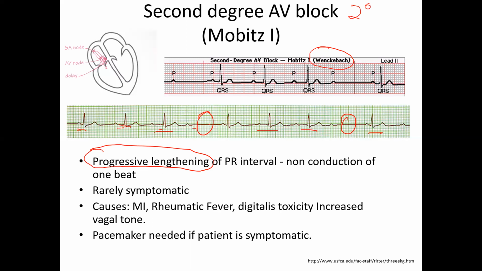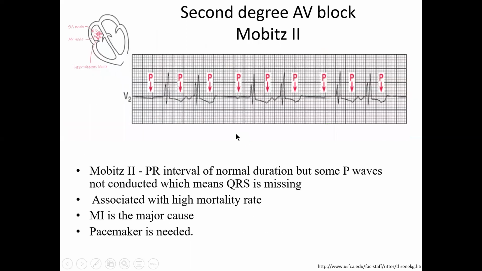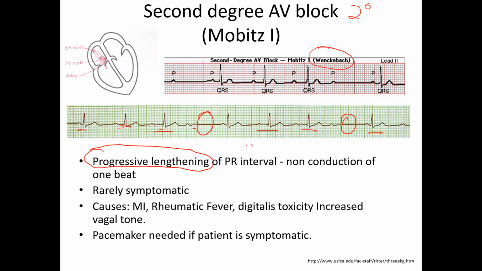So there is a lost QRS in this. I would say this is a 4 to 3 conduction ratio. I think your book will say this too. Remember, P waves to QRSs. So we dropped 1 QRS, and that's a problem. So now we've got to think about treating this, right? If you just happen to find this out on an EKG, you might get away with medication.